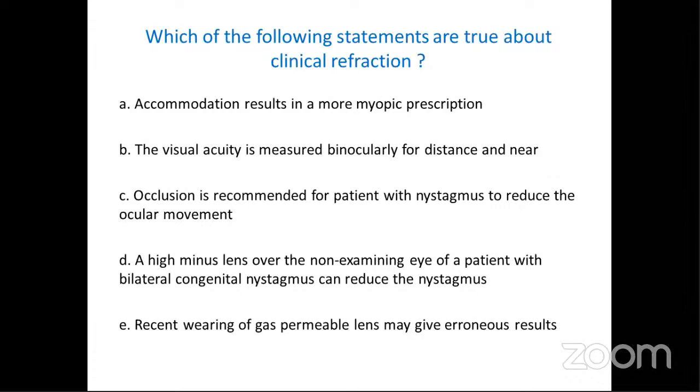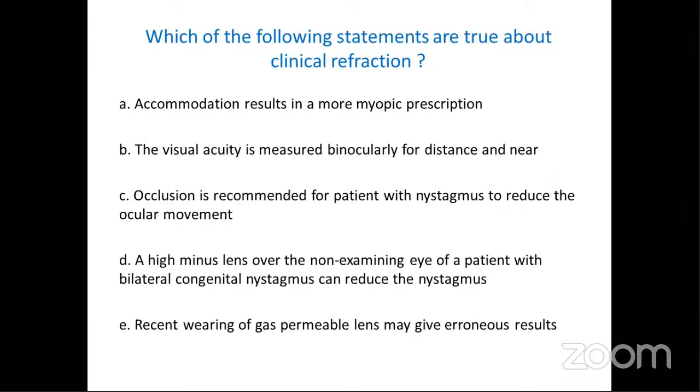Occlusion is recommended for a patient with nystagmus to reduce the ocular movement. This is also wrong, because when you occlude a patient with nystagmus, the nystagmus increases. A high minus lens over the non-examining eye of a patient with nystagmus, that is also wrong. The recent wearing of a gas permeable lens may keep, that is true.